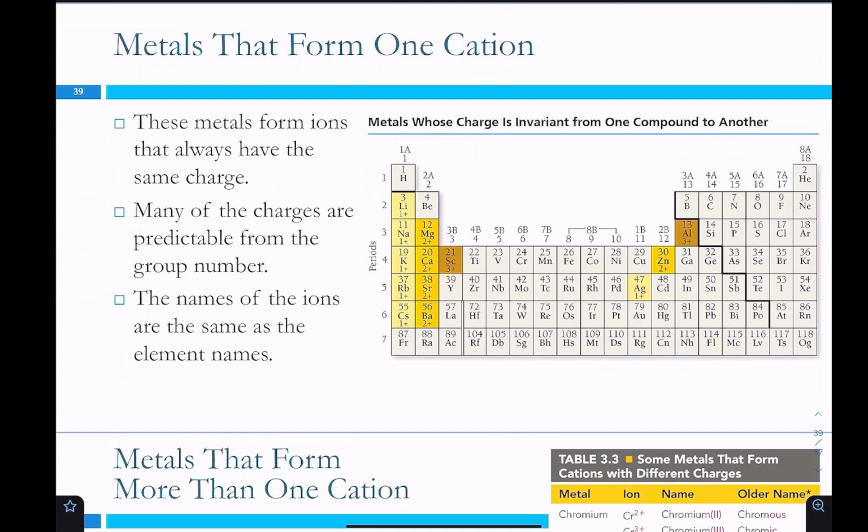We do generalize more than this, like beryllium is going to be 2 plus, and then gallium and indium 3 plus, and cadmium is a 2 plus. So most of them, again group 1A, group 2A, are predictable from their group number. And even group 3A, which has aluminum, gallium, and indium, you can use the group number to remember that.